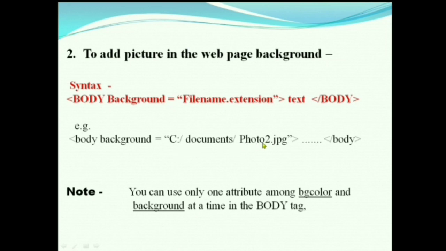Just like this, photo2 is my file name and .jpg is the extension of the image file. You can use only one attribute among BGCOLOR and background at a time in the body tag. Both attributes you can't use together, because we can change either BGCOLOR or background.